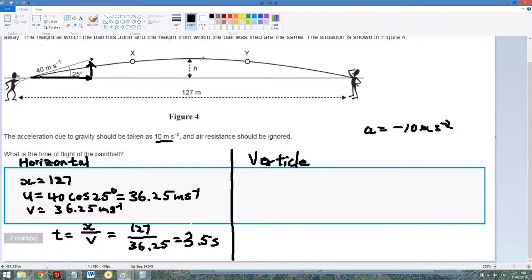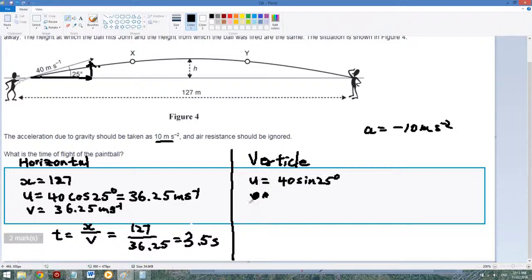That should be around 3.5 seconds. In this case, we can do the question by just analyzing the horizontal component.